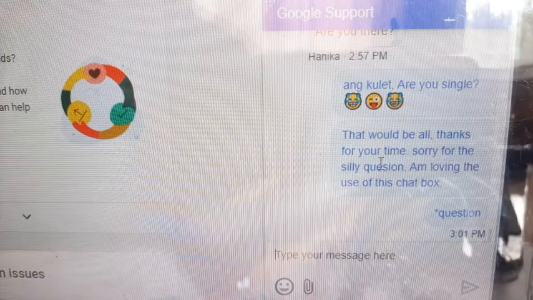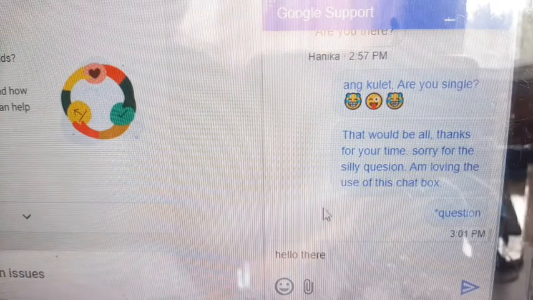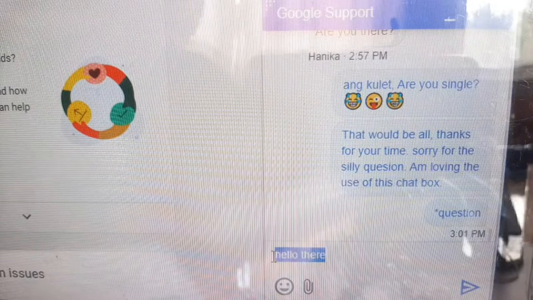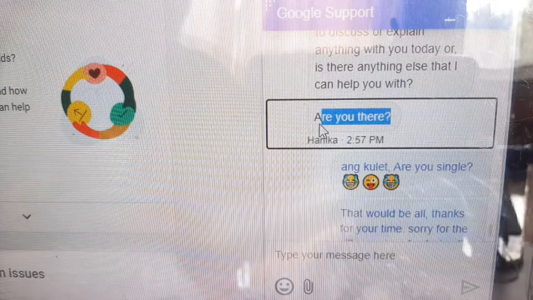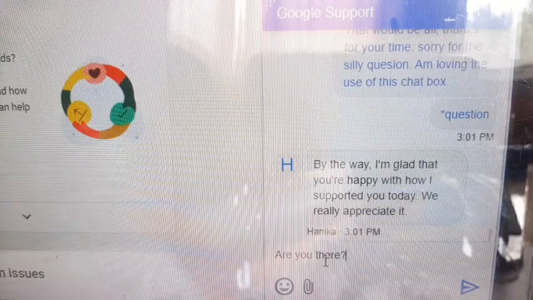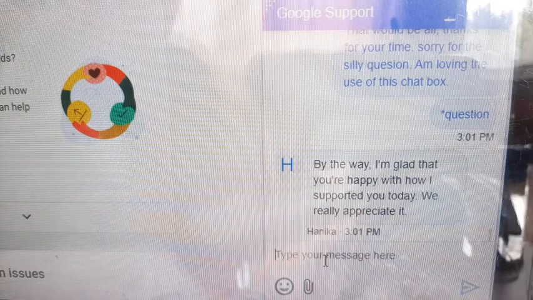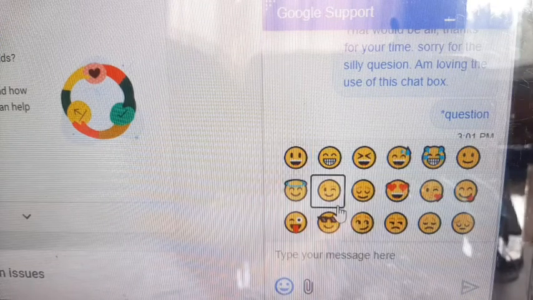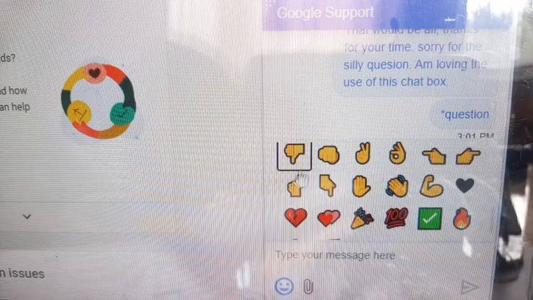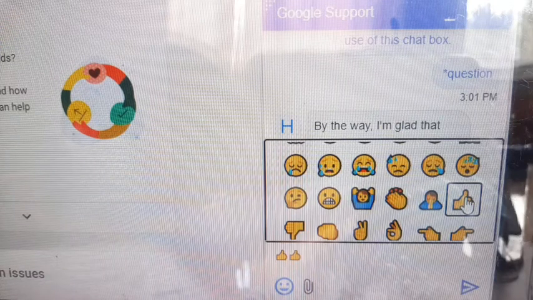One thing that I observe with the agents is that they are careful in how they answer the questions. They are also caring in typing their responses. They have prompt responses. They answer on time, and they always ask for 1 or 5 minutes, especially if they would research on your query. So they will tell you if you would like to wait for a minute or 5 minutes for them to research.